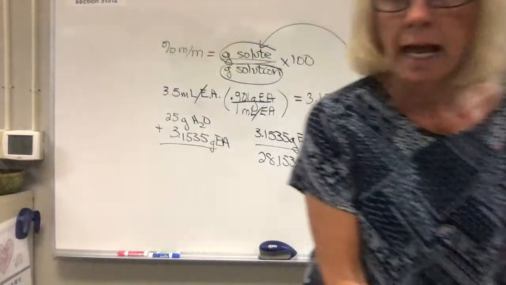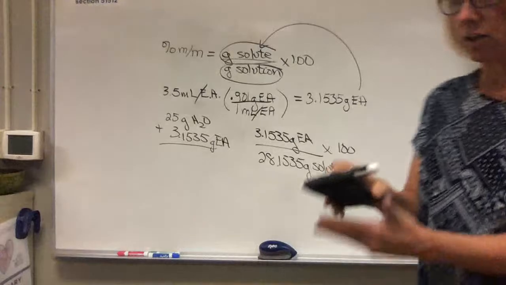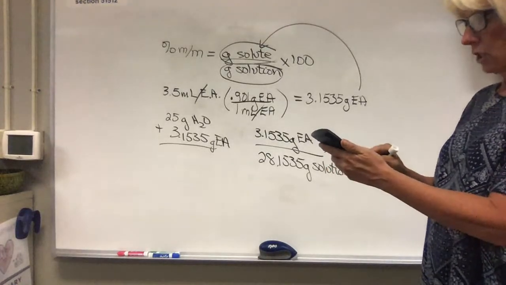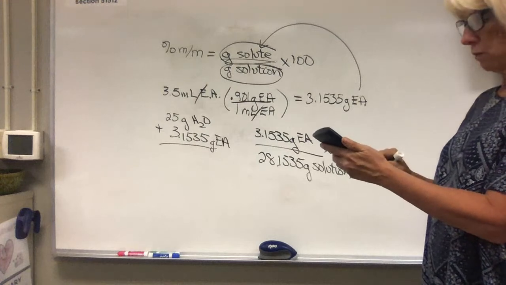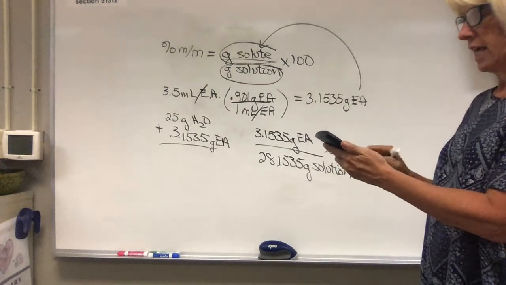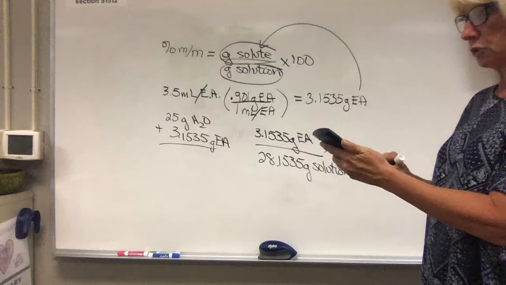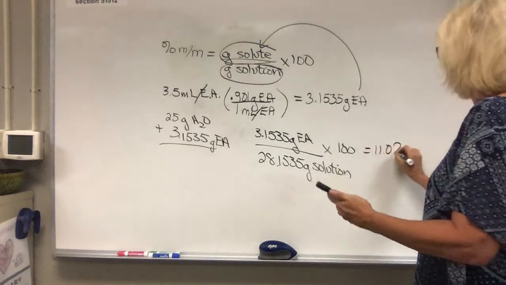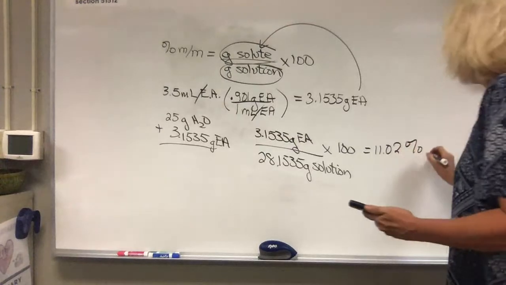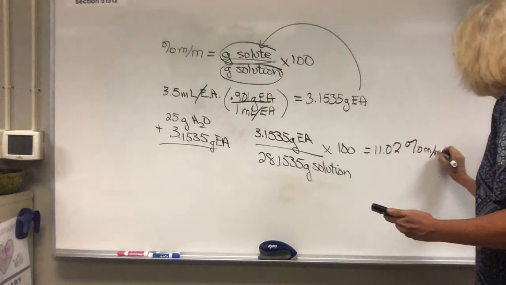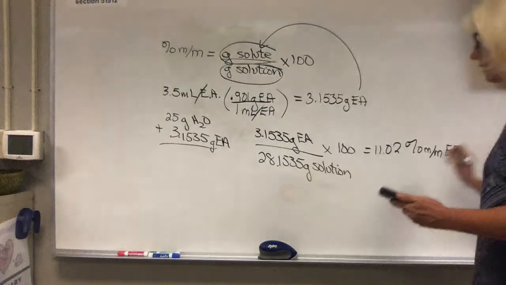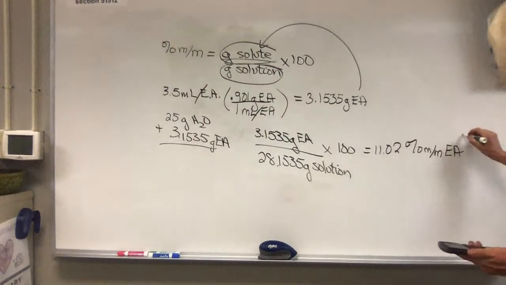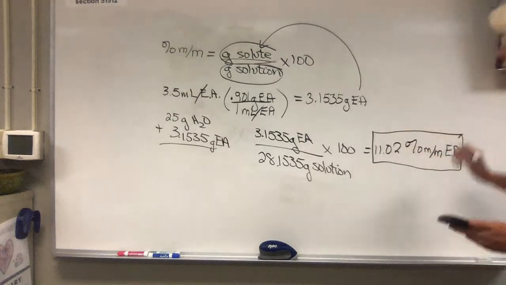So now again, if I use my calculator, 3.1535 divided by 28.1535, and then we multiply it by 100, we get 11.02%, remember, ethyl acetate. This is how you solve the problem and giving me the correct answer with units.